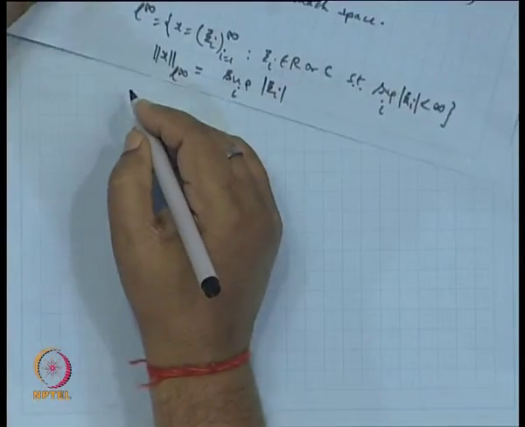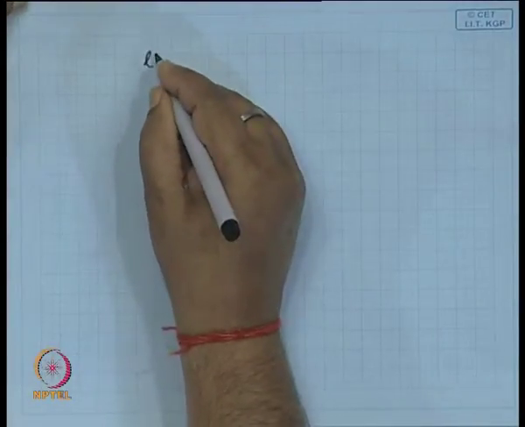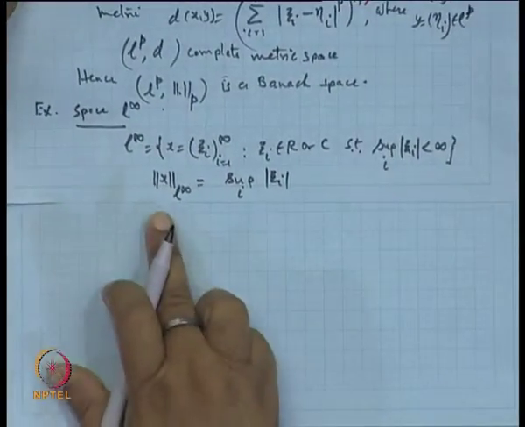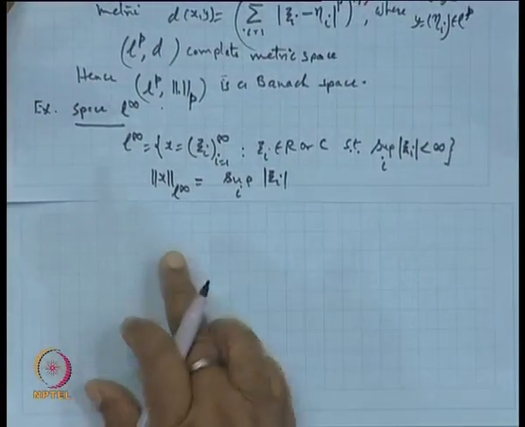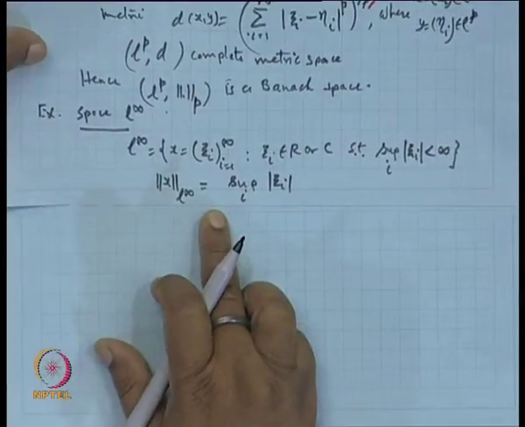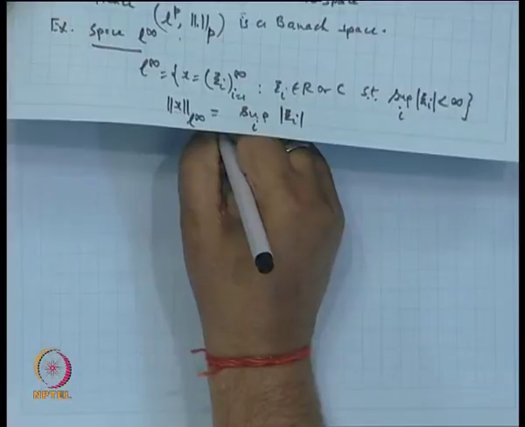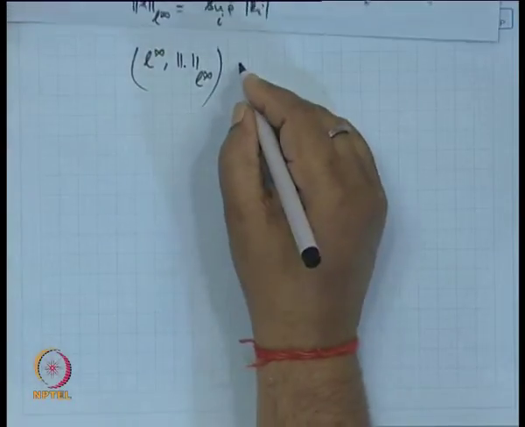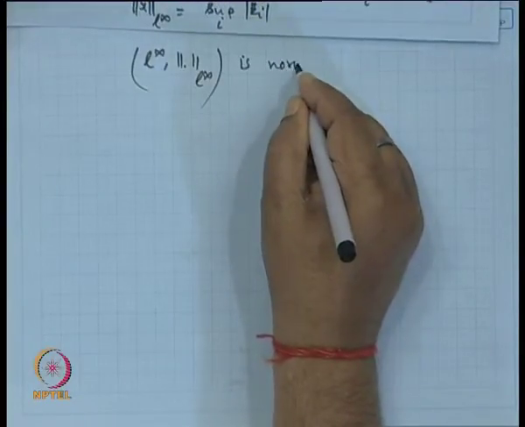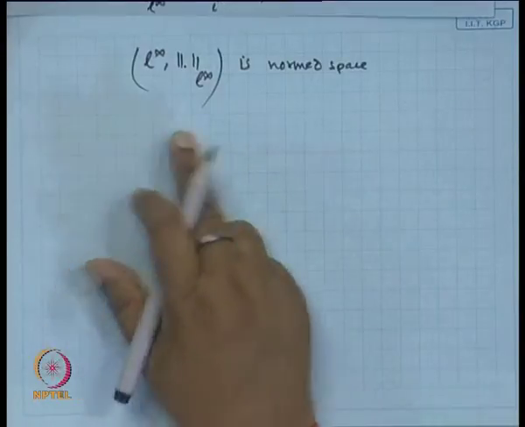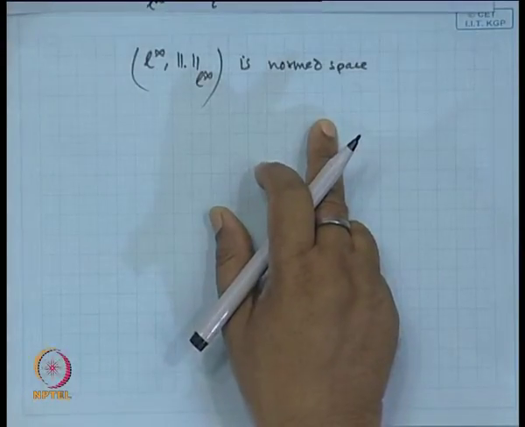Then L infinity under this norm, the norm infinity, forms a normed space, and not only this, it will be a complete normed space.